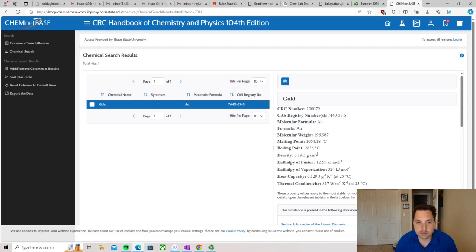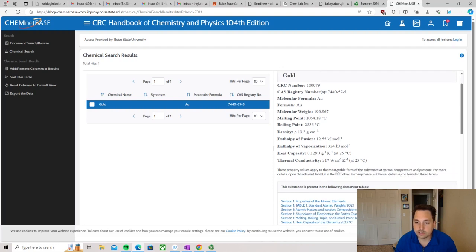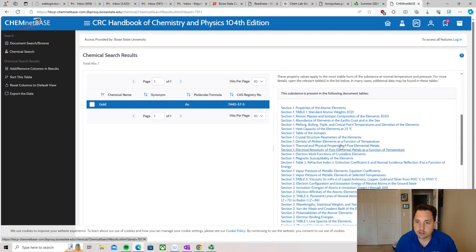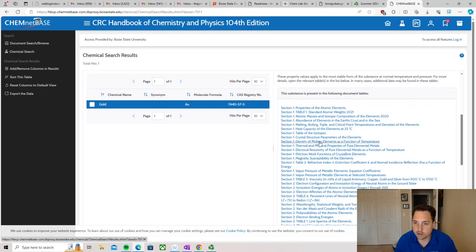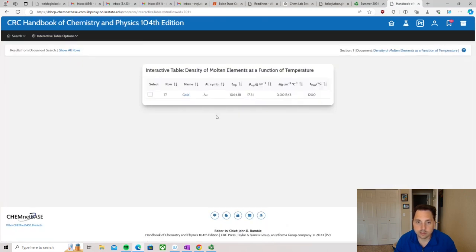Here are some other properties of gold. We have its melting point, its boiling point, its heat capacity, thermal capacity, and so on. And this is presented in a variety of different tables here. I think I was looking for the density table originally.